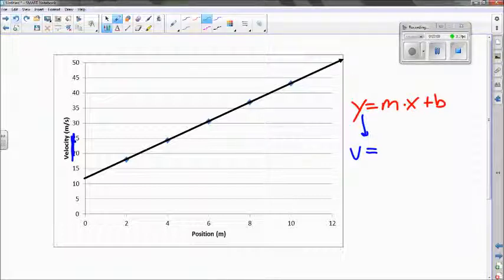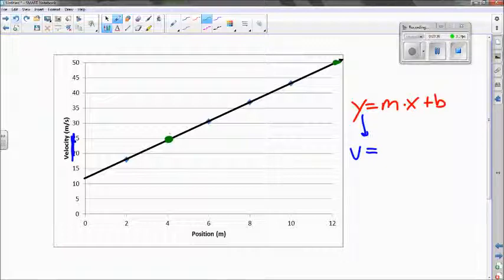So I'm going to pick 2 points on the line. Let's take this point right here, and let's look at, I think, here at 12. We can pretty much figure out what that would be as well. We need to find the slope.